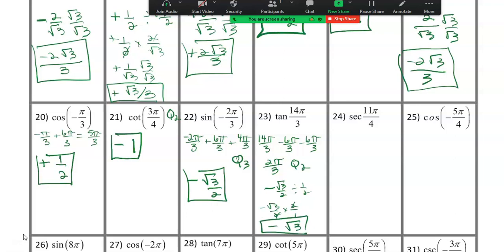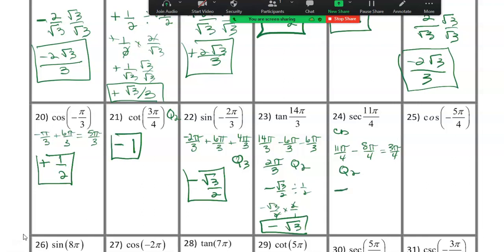Okay, continuing. Secant goes with cosine. 11 pi over 4 is too big, so take 11 pi over 4 and subtract away 8 pi over 4, which is a full circle. That gives me 3 pi over 4, which is a quadrant 2 angle. Quadrant 2 is where sine is positive, so therefore cosine is negative.